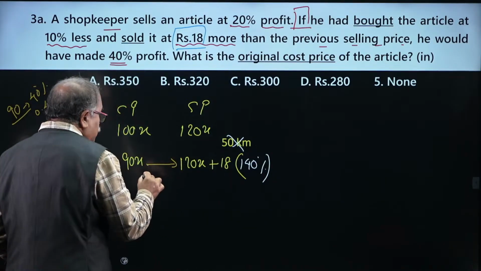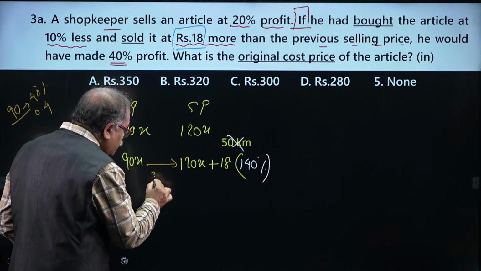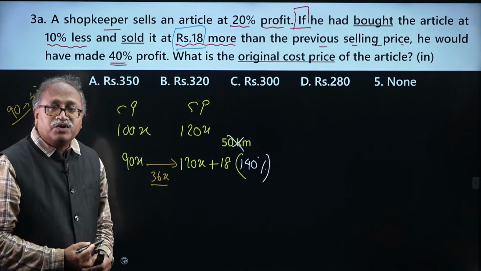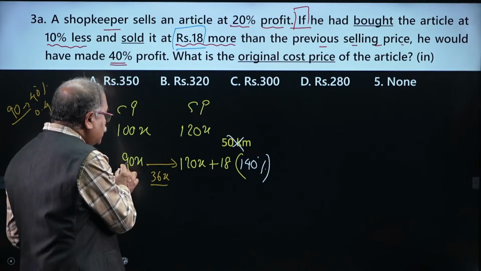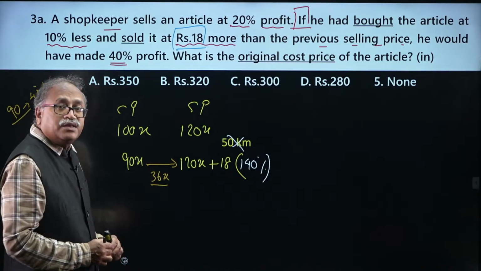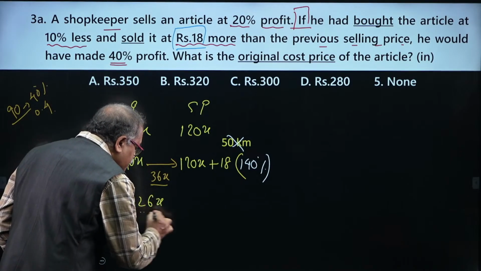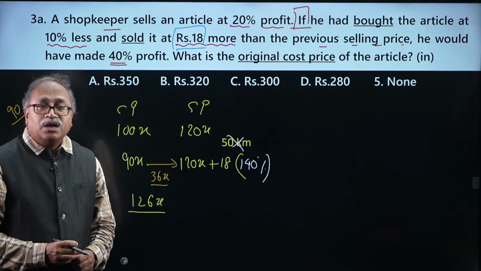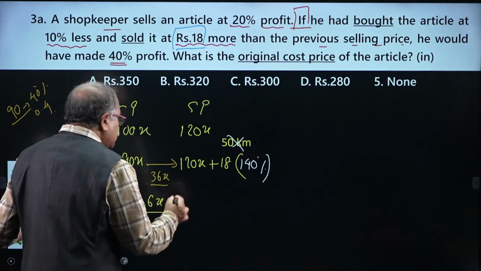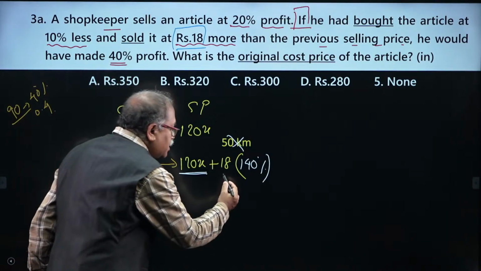So, there is 36x is the profit, 40% profit. So, what is the total here? 90x plus 36x, that comes 126x, and 126x is equal to this is the value given, this is 120x plus 18.